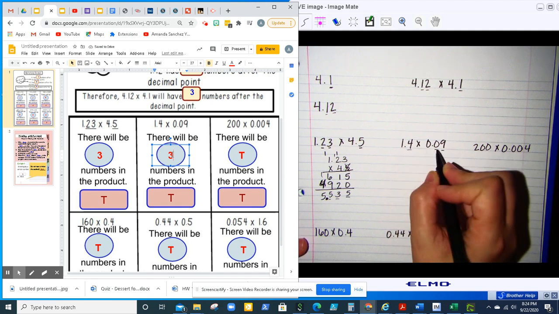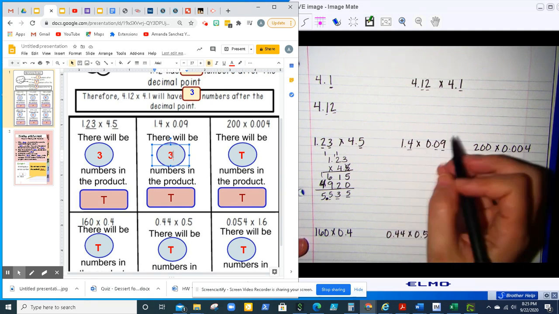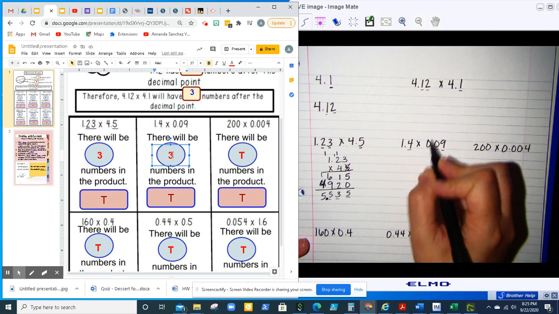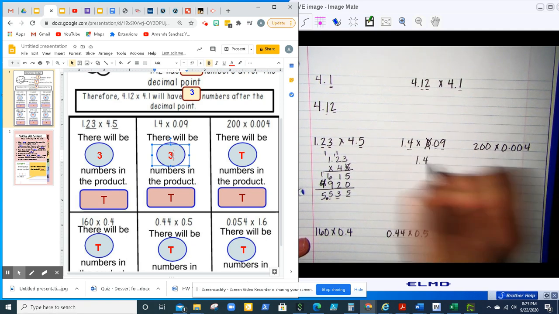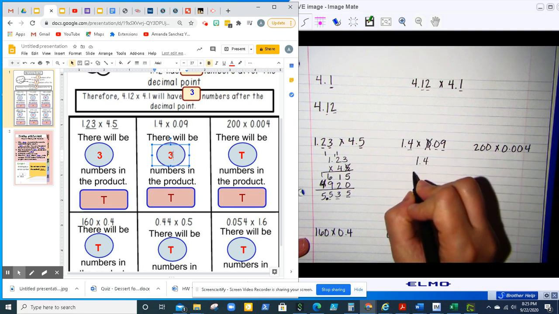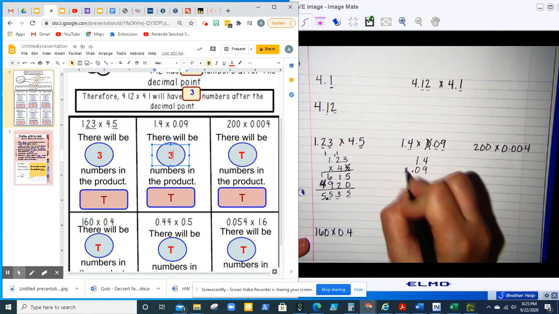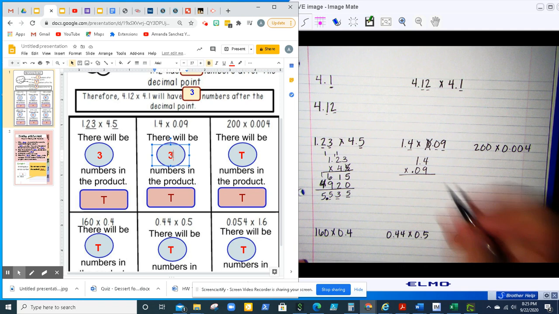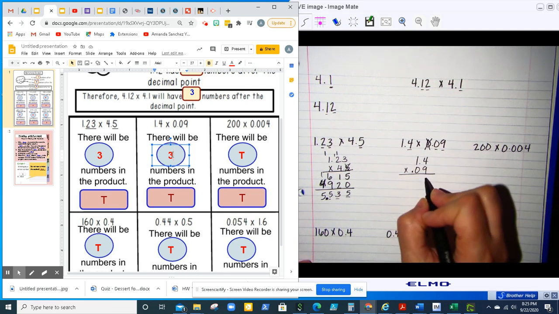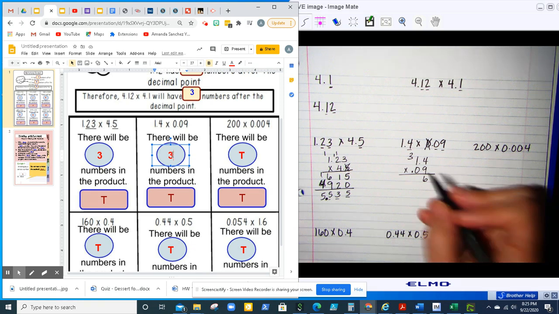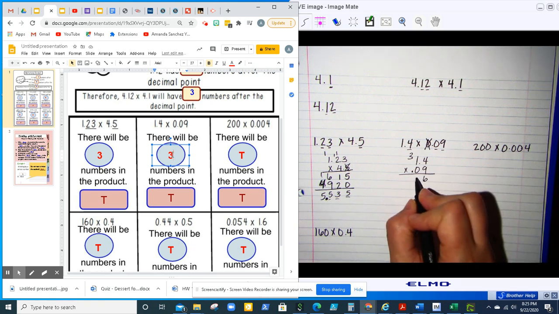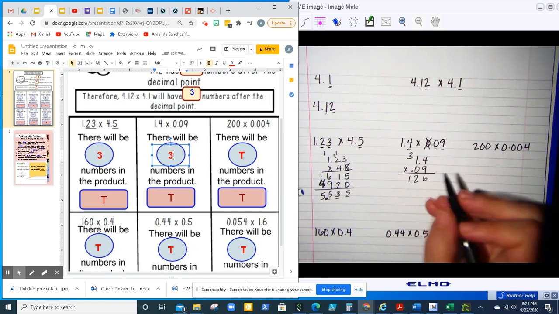So now you decide which number you want to have on top. I know that this 0 doesn't have a value, so I'm going to cross it out. I'm going to put my 1.4 on top, and then 0.09 on bottom, and then multiply it out. 4 times 9 is 36. 9 times 1, 9 plus 3 is 12.